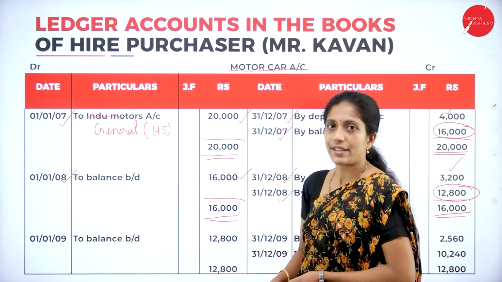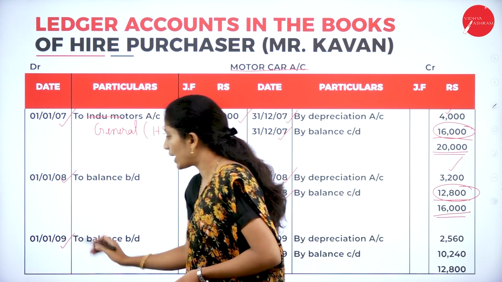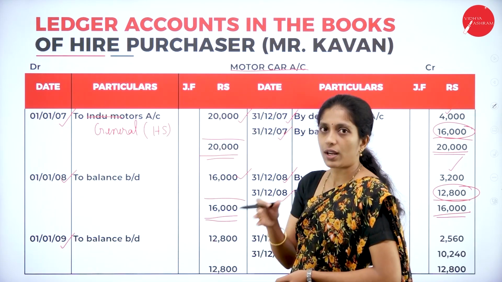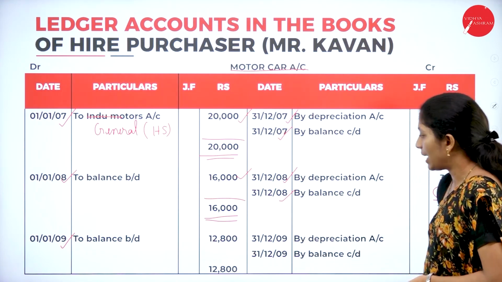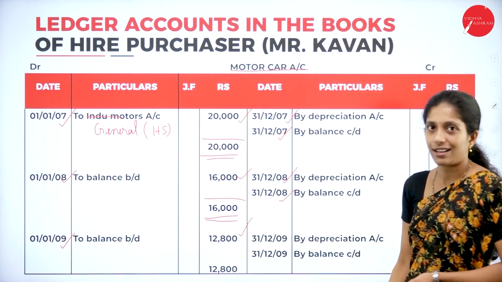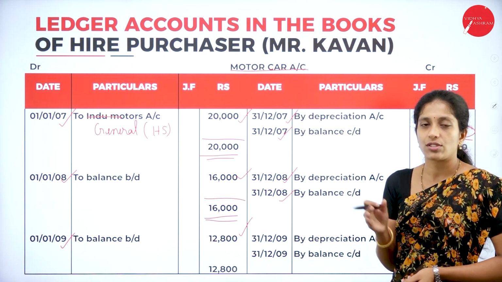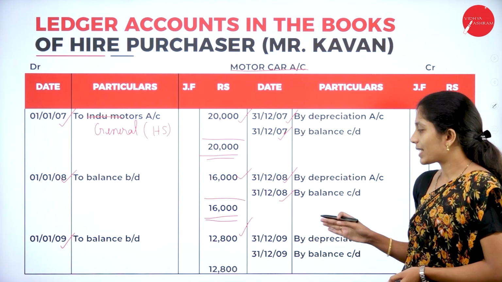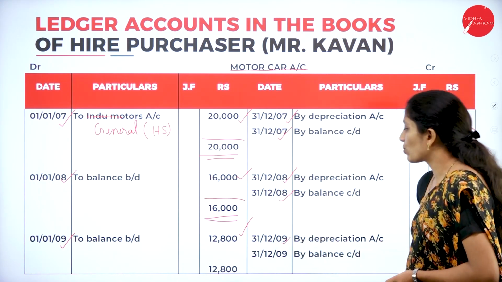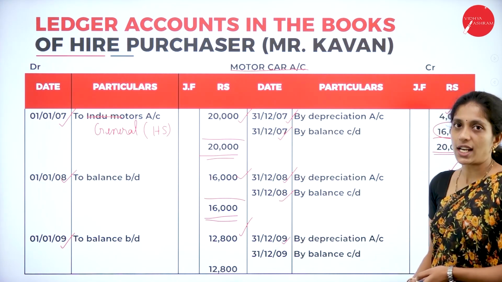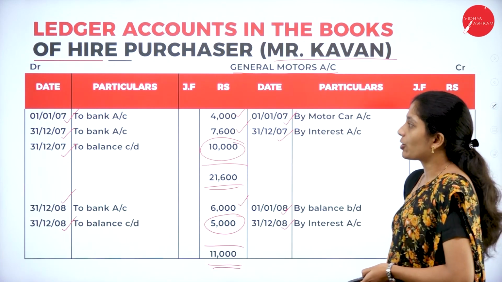Now coming to the last year, that is 1/1/09, to balance brought down. Whatever amount you carried down in the previous year, you have to bring down that balance, that is 12,800. Next, as usual, charge the depreciation. What is the entry? Depreciation account debit to asset account. 31st 12/09, by depreciation account. What is the third year depreciation?